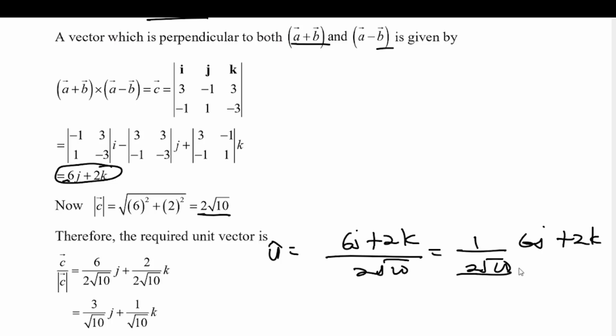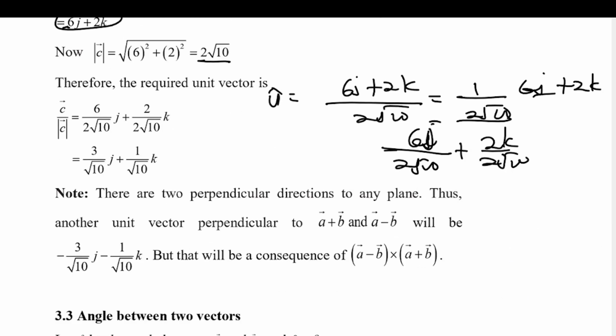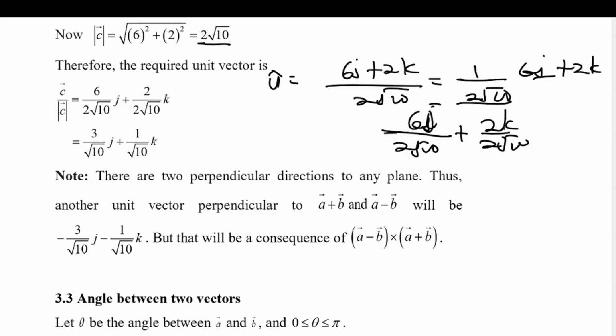So we can share this one together, and we have 6j on 2 root 10 plus 2k on 2 root 10. Alright, so that is what we have.